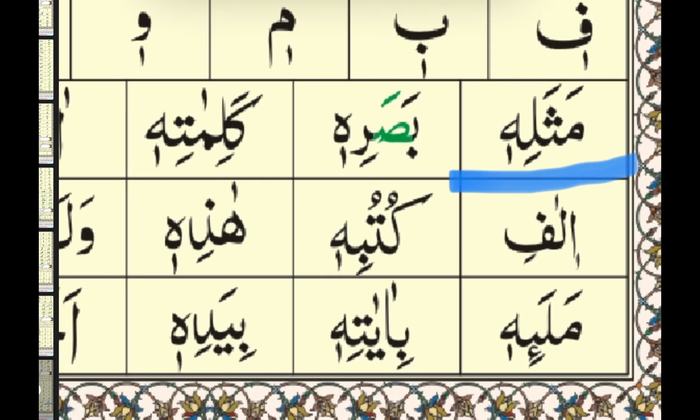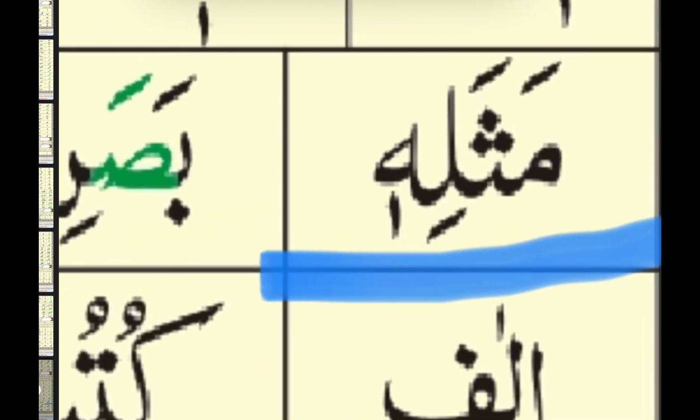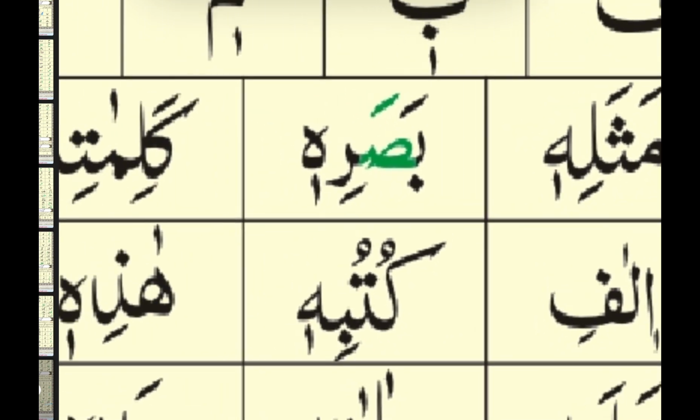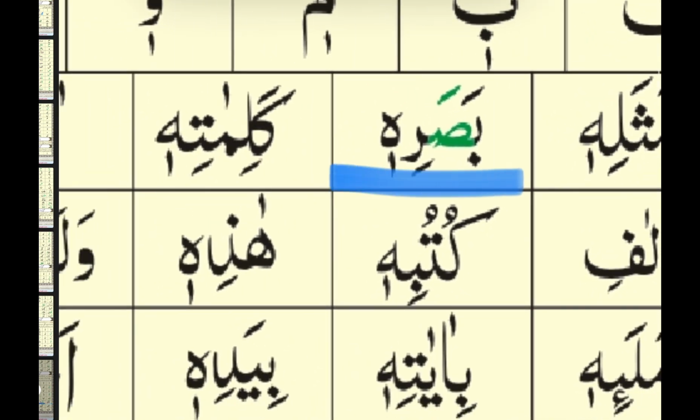Here we have mathalihi. Remember, these are still less than one haraka, and this one is two because it is the mad. Basarihi, basarihi.